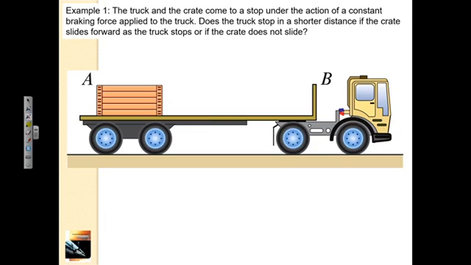The crate is happily sitting on the back of the truck. They're moving at the same velocity. So these guys are equal. So this can simplify to half mA plus mB, velocity of B1 squared. That's how fast we're initially going.